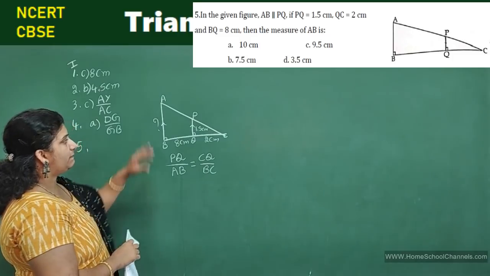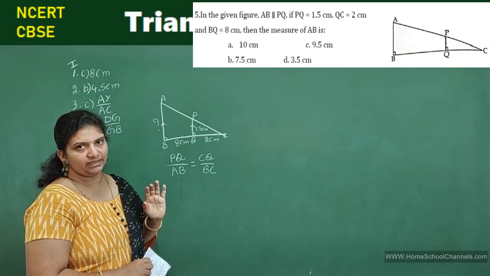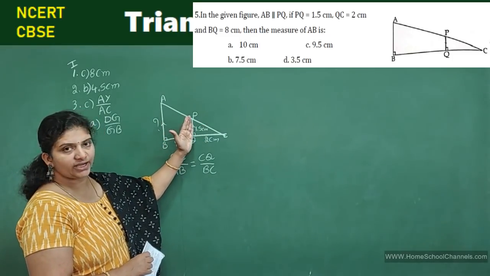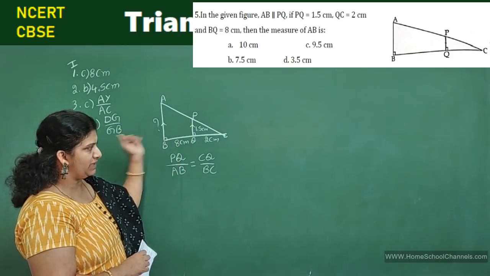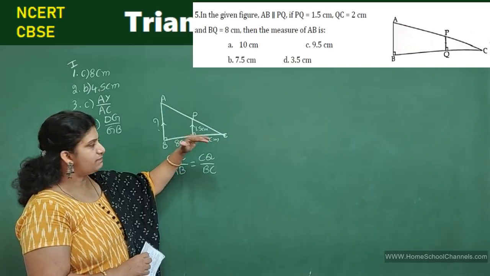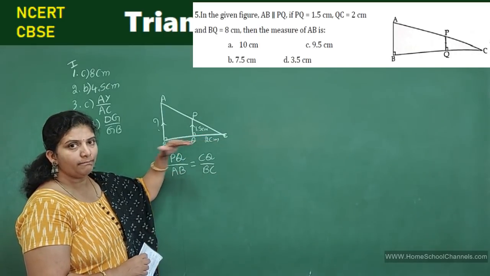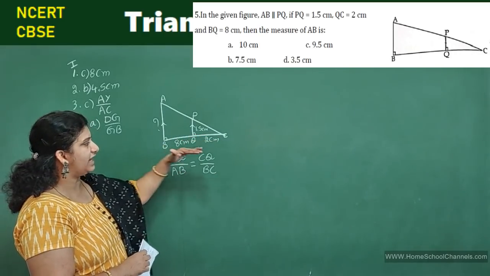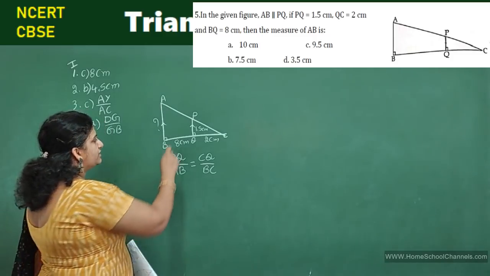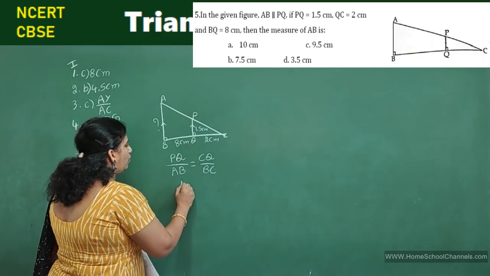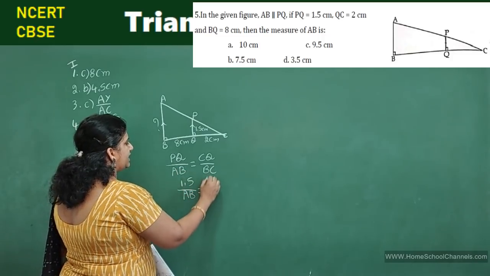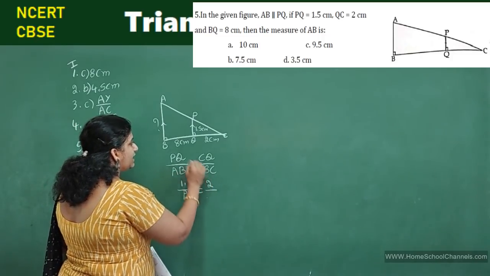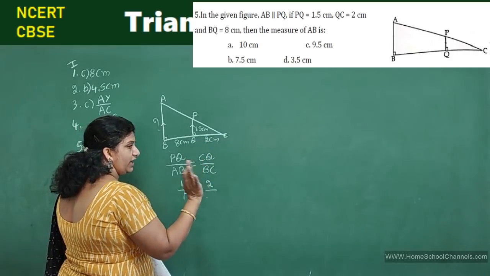Observe carefully: big triangle, small triangle. I am comparing the small triangle side PQ with the big triangle's corresponding side AB, and the small triangle side CQ with the big triangle's corresponding side BC. Substitute the values. PQ is 1.5, AB we don't know, CQ is 2, and BC, don't write 8 here.